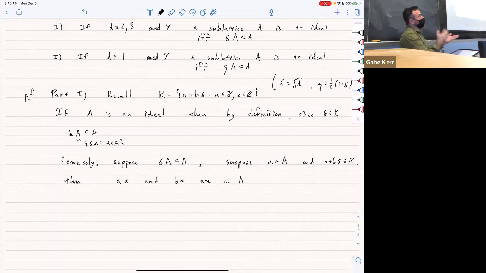When you multiply by a positive integer, you're just taking a sum of that element with itself a certain number of times. Since it's closed under the sum operation, these are in A. If it's negative, then you're adding inverses.